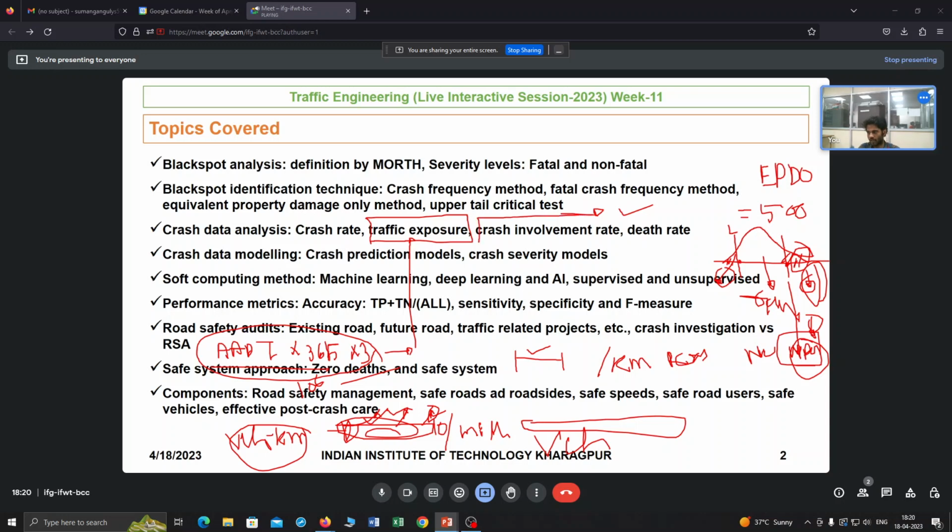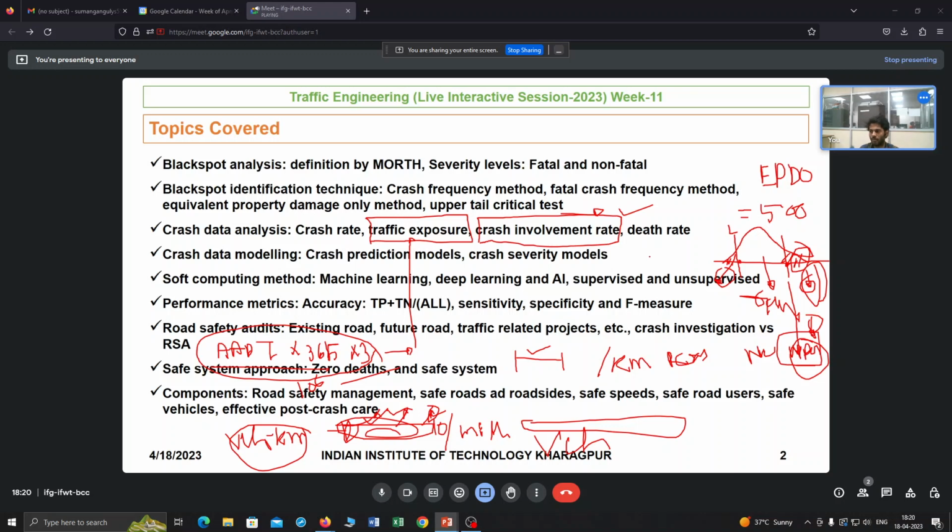Then the crash involvement rate means the number of drivers who are committing the crash or who are involved in the crash. I think it is not in terms of population but in terms of million vehicles.